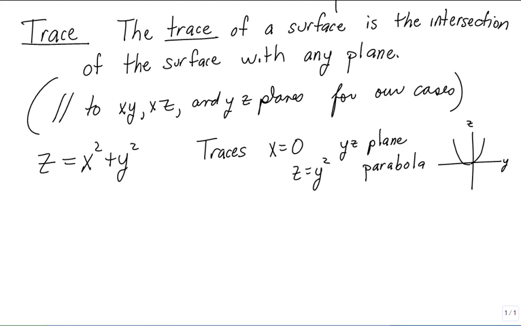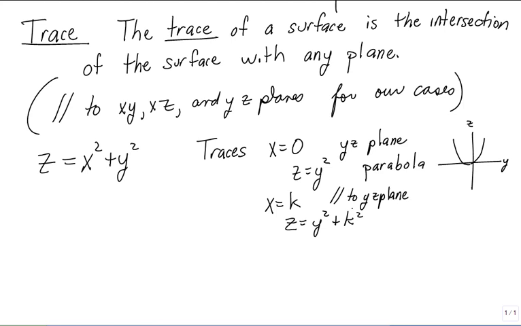Okay. If you let x be any constant, then we're in any plane parallel to the yz plane, and we still get a parabola. We get z equals y squared plus k squared.